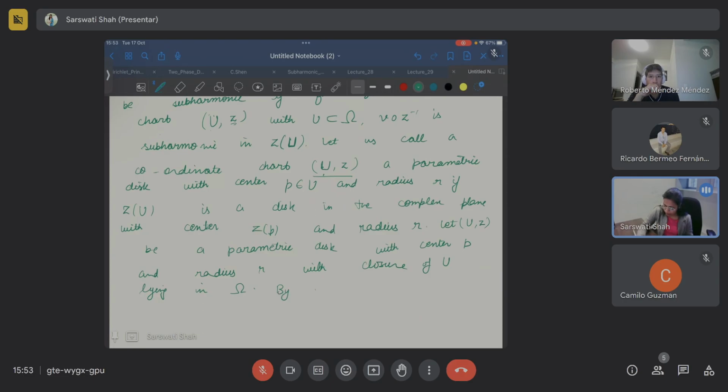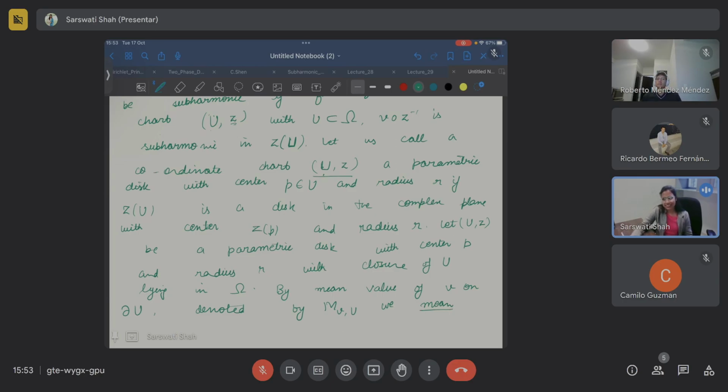Then the mean value of v on the boundary of U is denoted by M(v, U), the v mean.